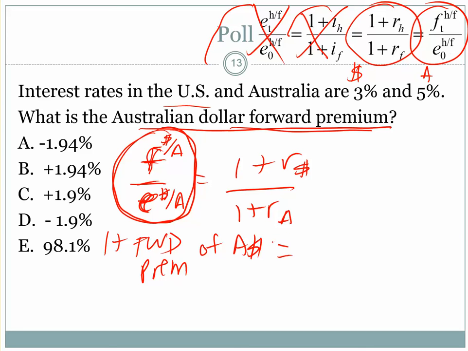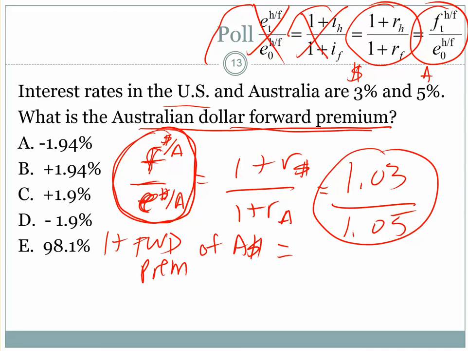So in this case, the dollar interest rates are 3%, and the Australian interest rates are 5%. That'll give me 1 plus the forward premium of the Aussie dollar. I'll then subtract 1 to get to the forward premium, and that number is negative 1.9%, which again makes sense.